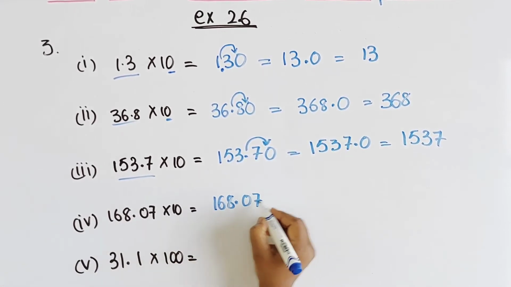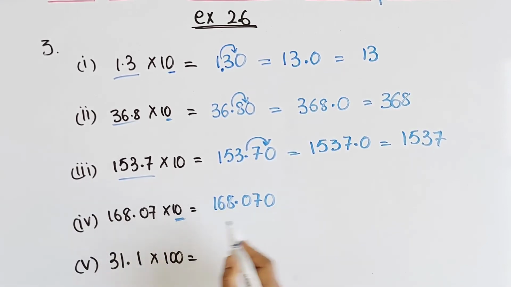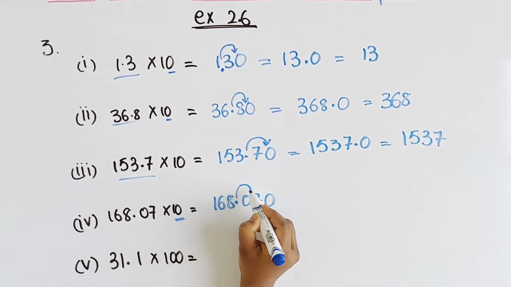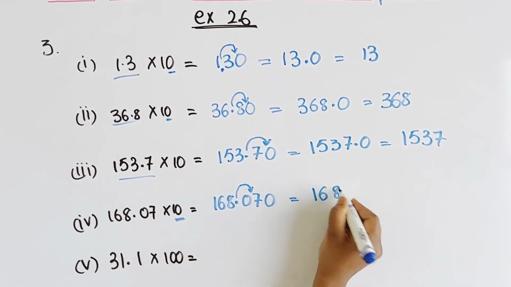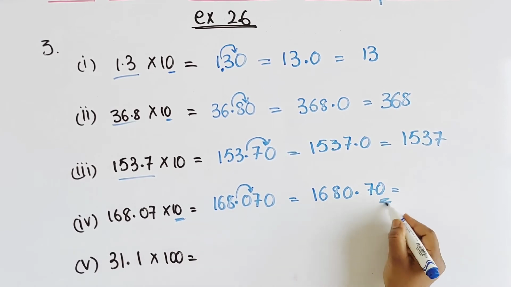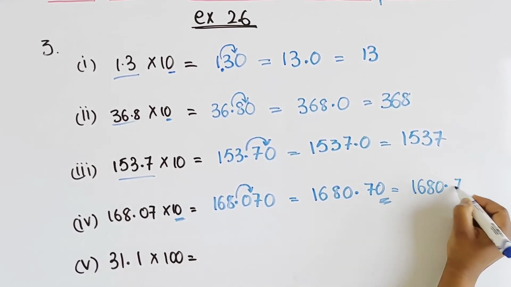Now fourth question, 168.07. I am writing the number as it is. Into 10 means 1 zero. So here also we are multiplying with 10, which means the point will move right side after one number. That means 1680.70 is the answer. After the point, no need of the zero. So the answer is 1680.7.